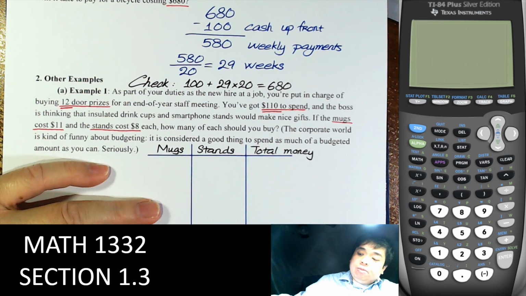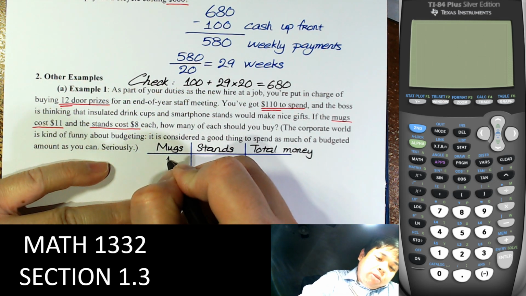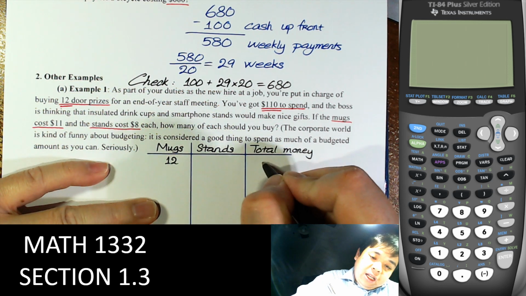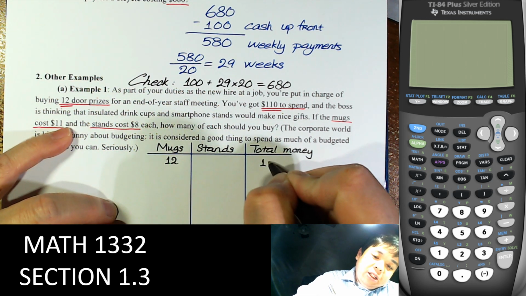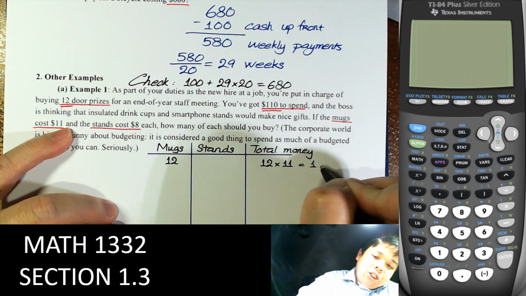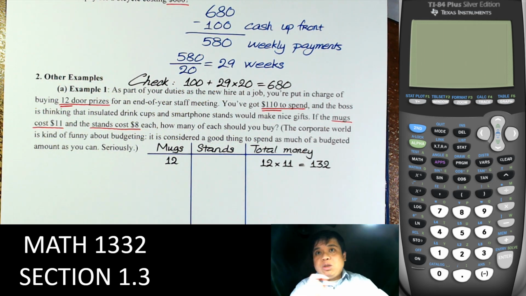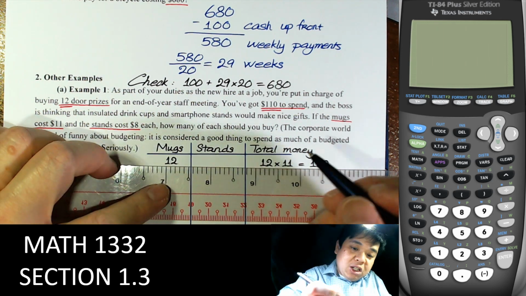Now let's say we need 12 items, right? What if all 12 are mugs? What will be the cost then? Alright, $11 each, so that's $132. Certainly way more than 110, so that's not what we want.